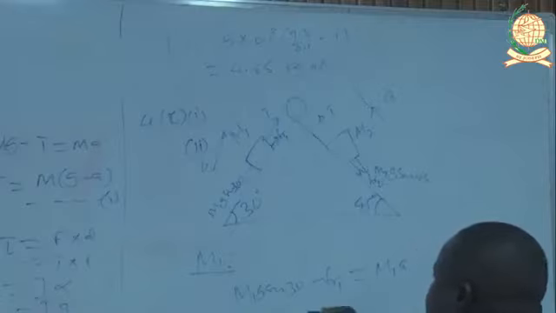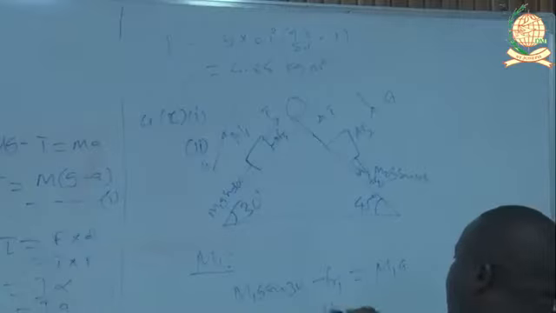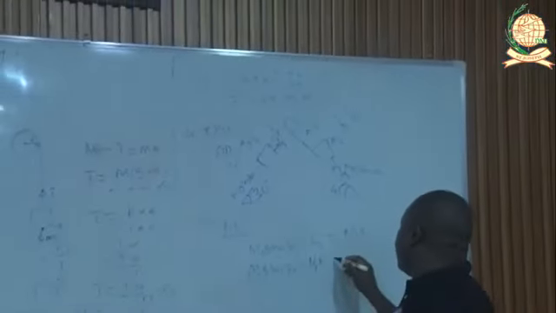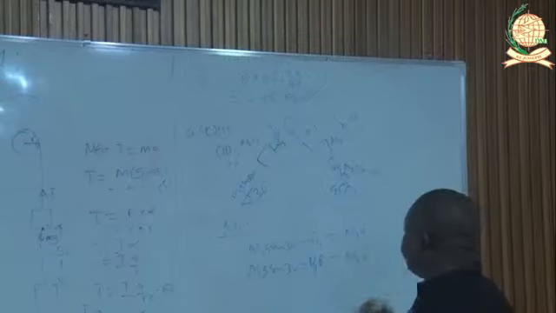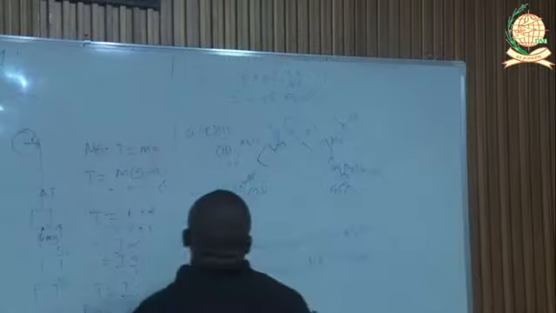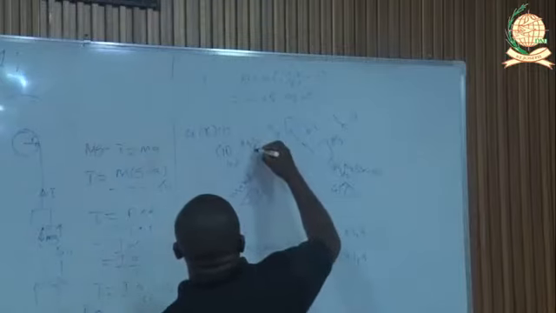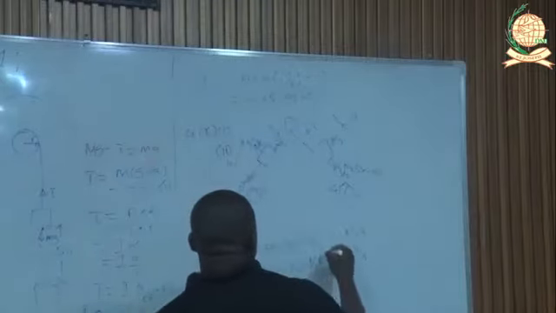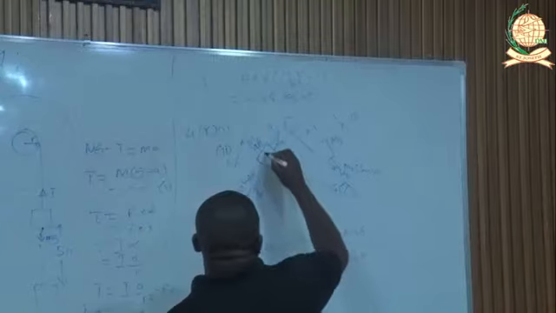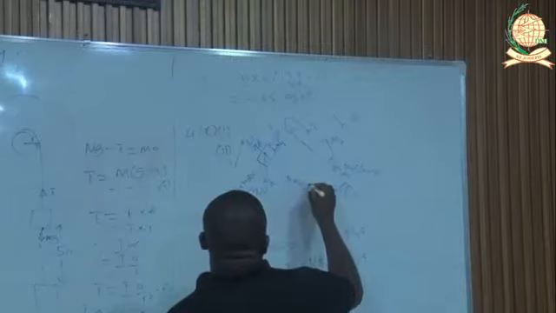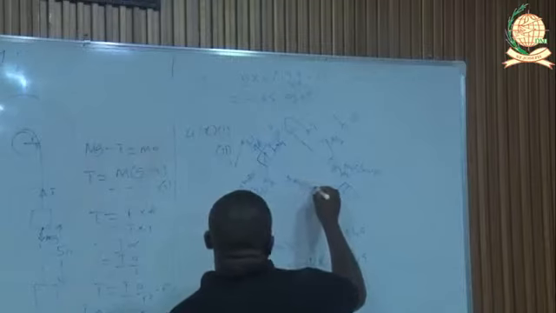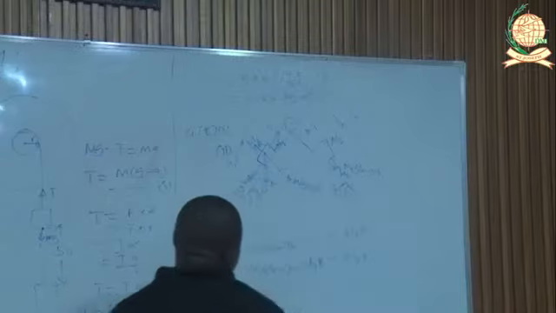The friction force is the coefficient of friction of mass 1 times R, R being the normal reaction. This will be R1, perpendicular to the plane, so R will be equal to M1 g cosine of 30.